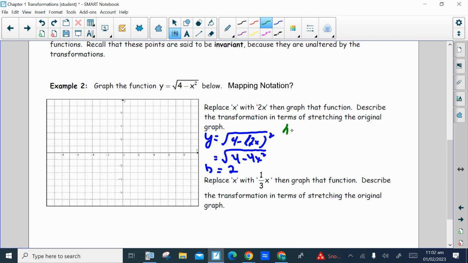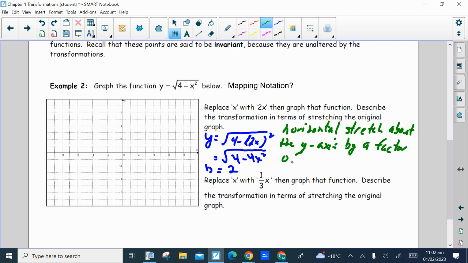So we would say in this case that we have a horizontal stretch about the y-axis by a factor of 1/2.